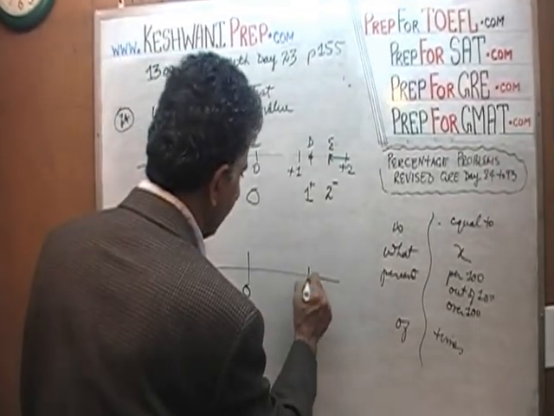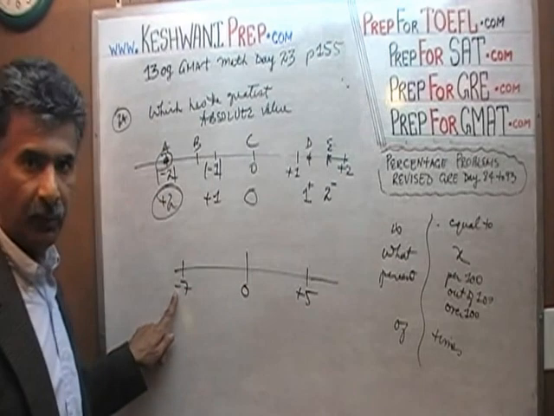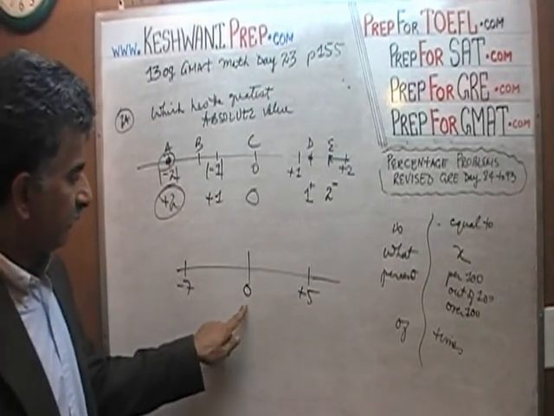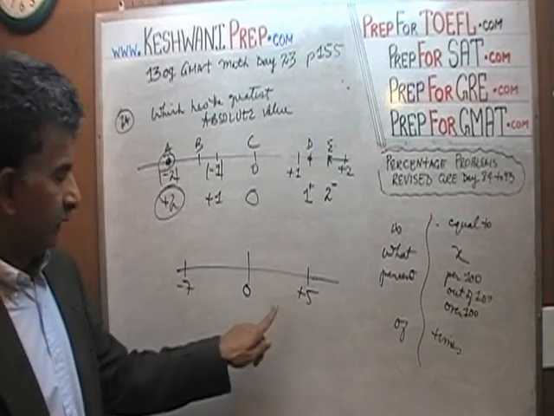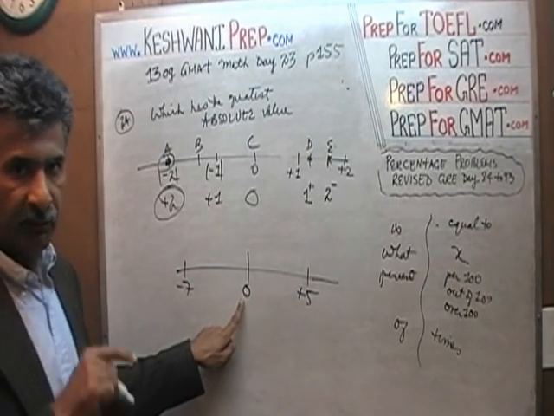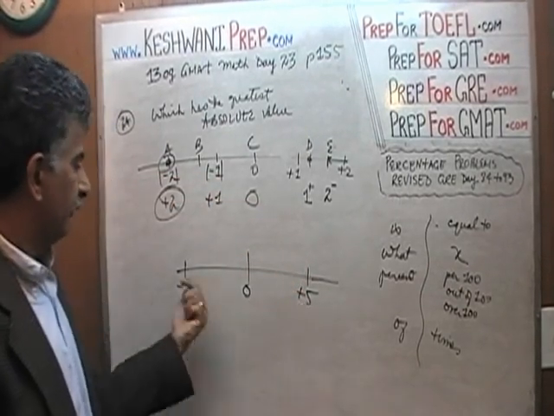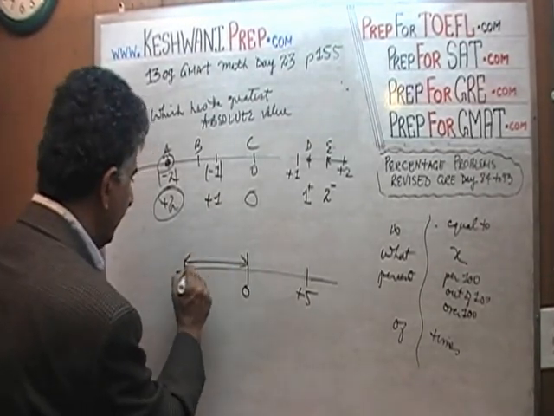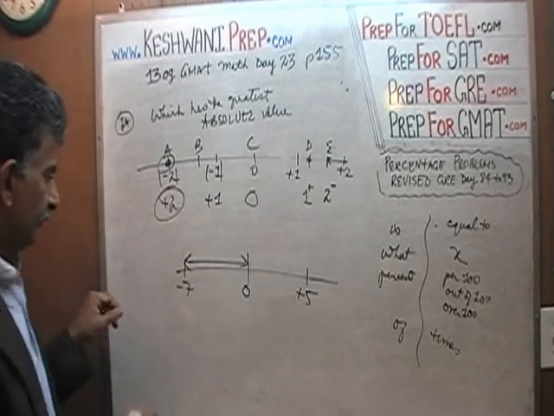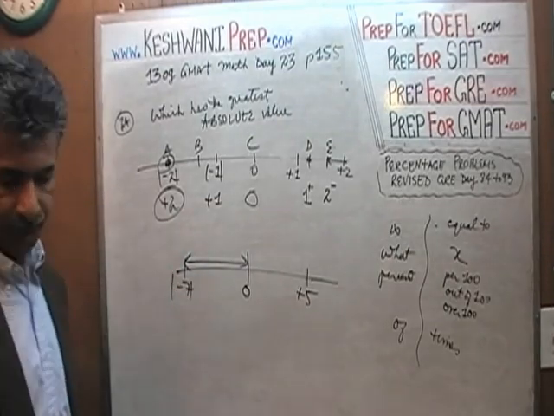And one town is 5 miles to the right, and how do I know it's sitting to the right? Because it's the positive sign. That's the convention. There is our point of reference. If it sits to the right of it, we use a positive sign. If it sits left of it, we use a negative sign. But absolute value means how far is it. It's the distance.